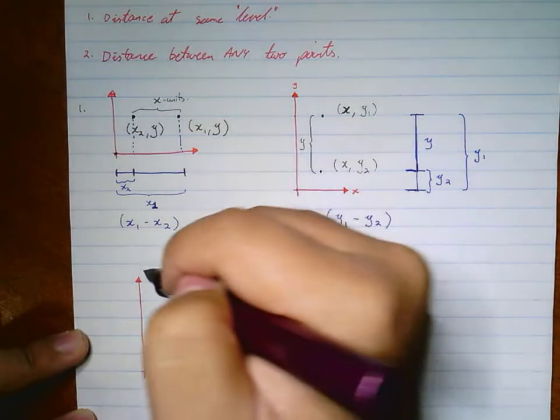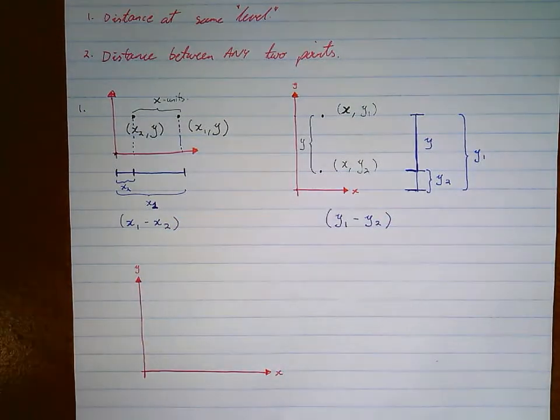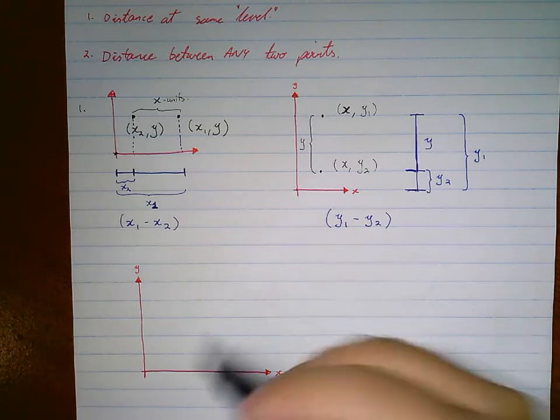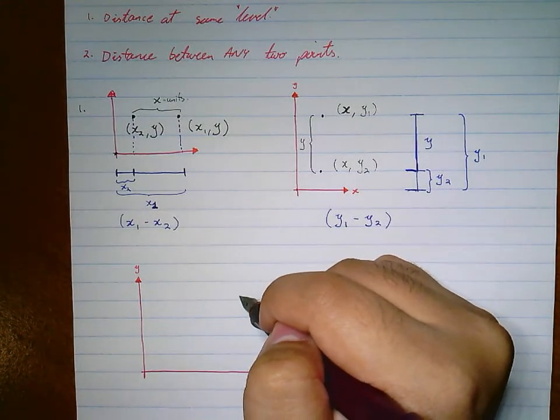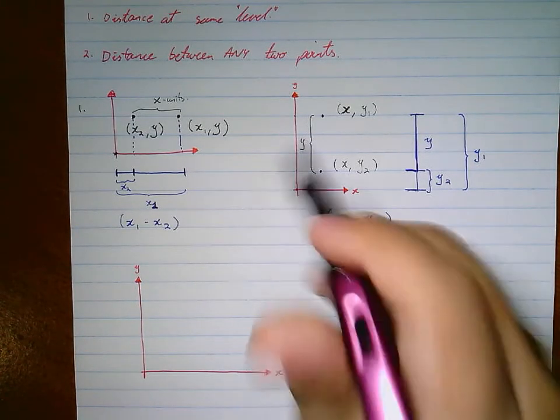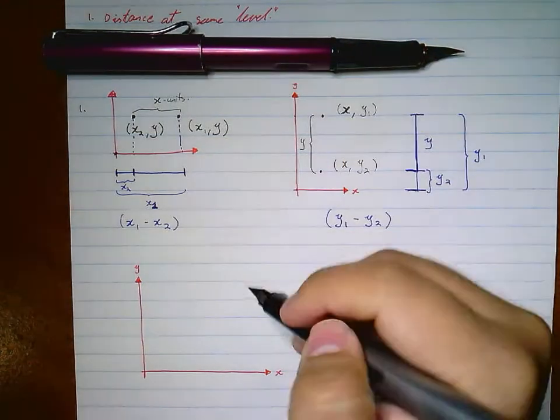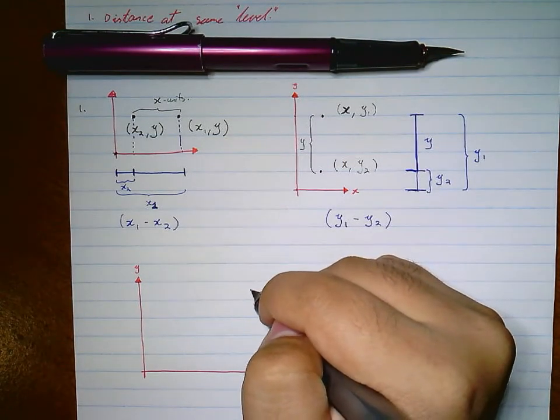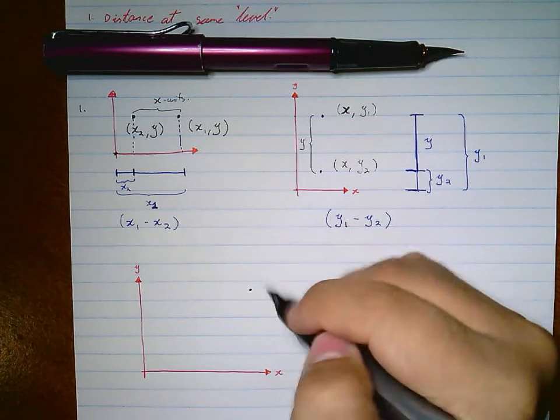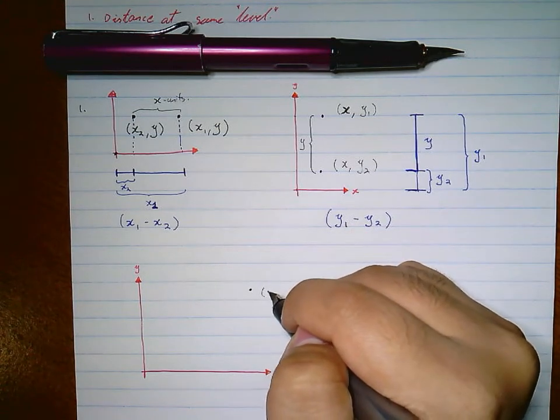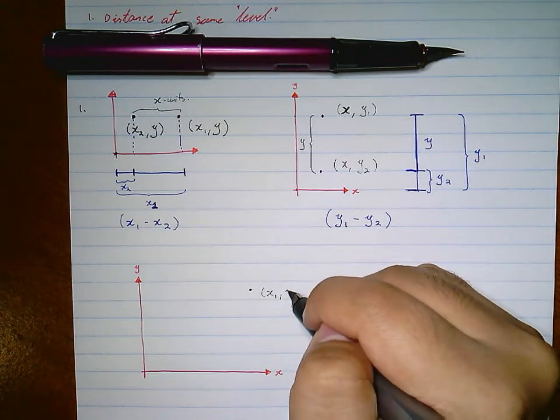There's our x-axis. That's our y-axis. Let's make this point here. Use a different color. Let's make this point up here some point. Let's label this one x1, y1.